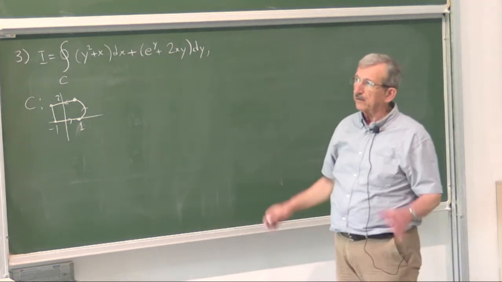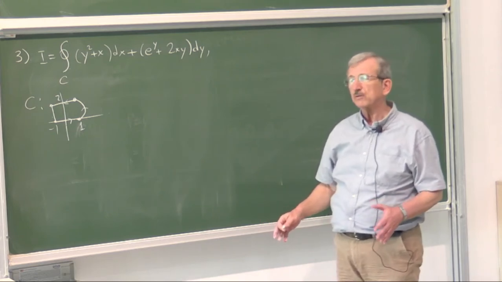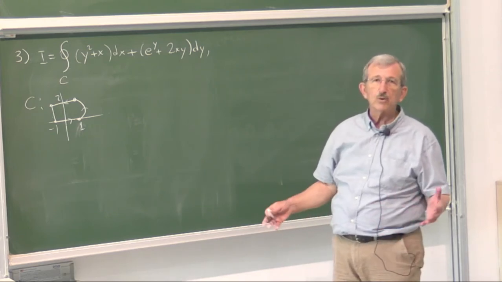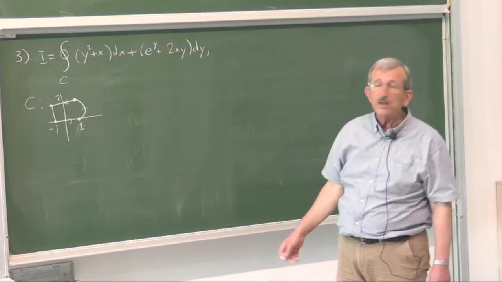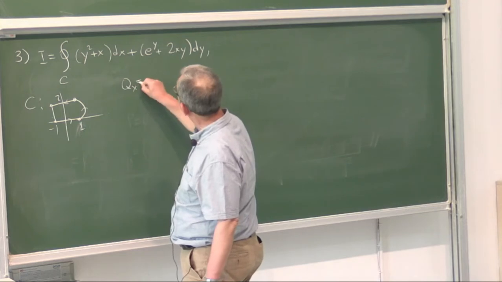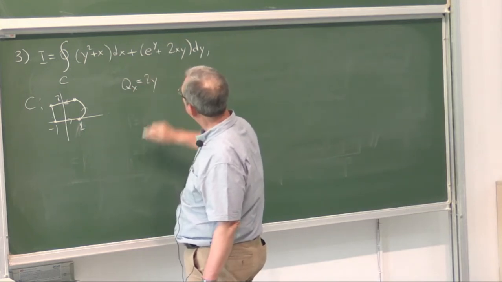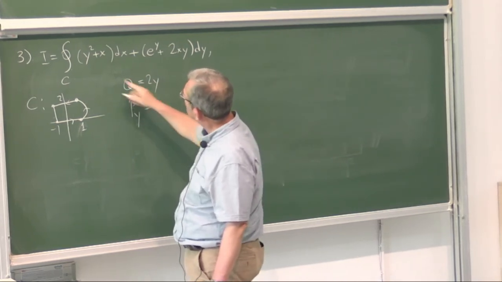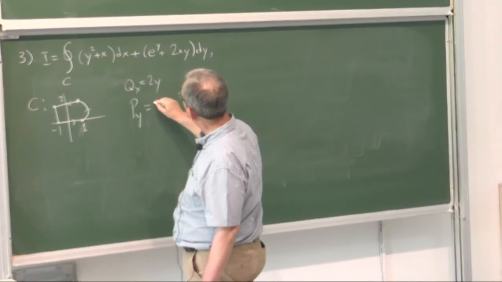And Green's theorem tells us that most of them don't play any role in the value of the integral. Why? Well, because q sub x would be just 2y, and p sub y would be 2y.